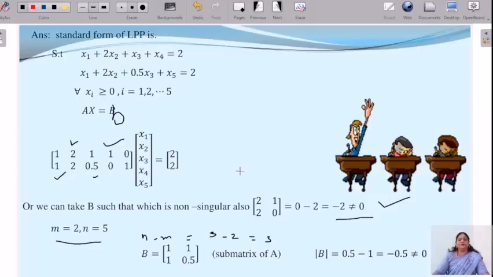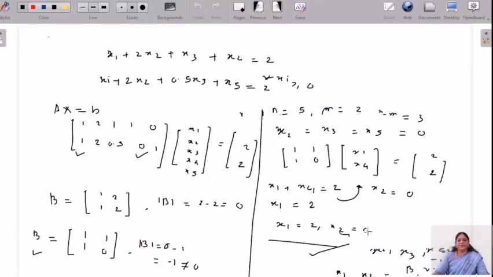Please remember that if a basic variable vanishes, then it is called a degenerate solution. See, in this one, I told that x1 and x4 are the basic variables, but x4 gives the value 0. Means x4 vanishes. Therefore you can conclude that this LPP has a degenerate solution.